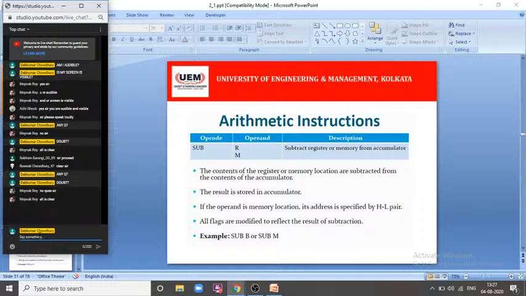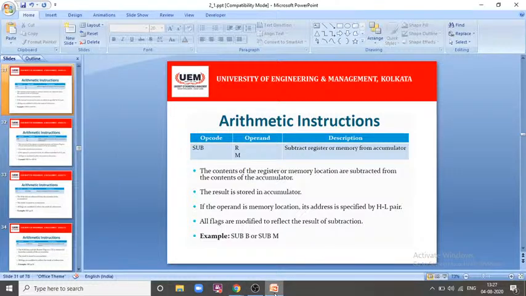Moina Roy is saying, sir, no questions, sir, all is clear. I am waiting for other students to reply. Aditi is saying, sir, please tell the carry part again. Okay, I shall repeat. Next student is writing, no doubt, sir. Okay.